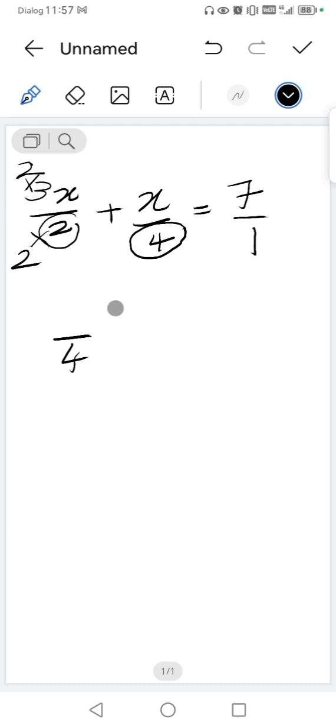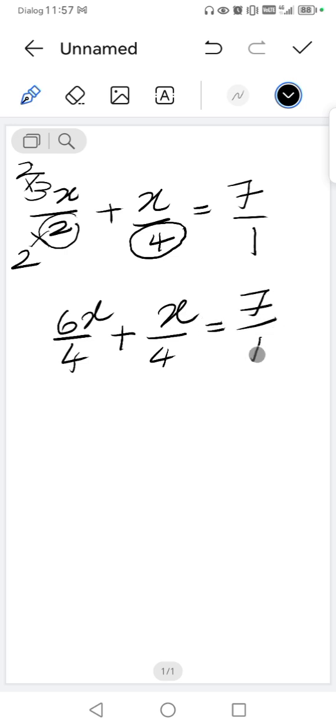Now 3 into 2, 6x plus x, over 4, equals 7 by 1. So now it is 4, and 6x plus x is 7x, equals 7 by 1. So my dears, now we can cross multiply easily.